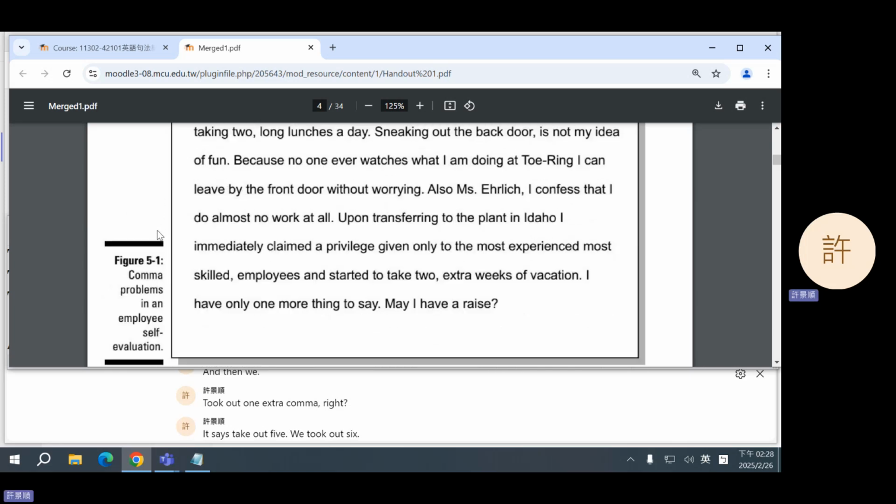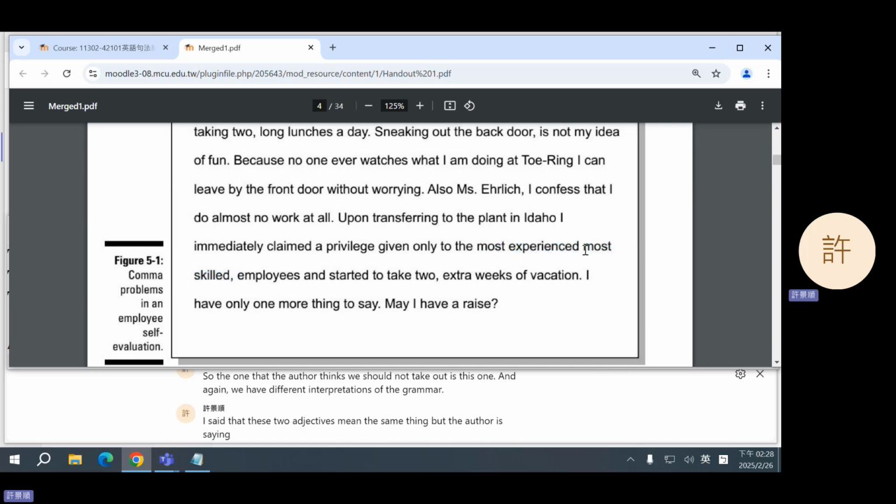Okay, so the one that the author thinks we should not take out is this one. And again, we have different interpretations of the grammar. I said that these two adjectives mean the same thing. But the author is saying that most skilled is extra information.